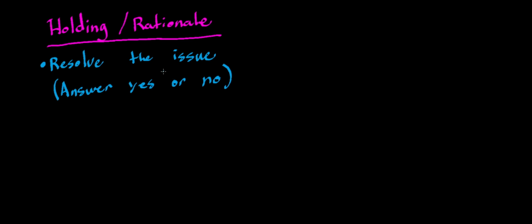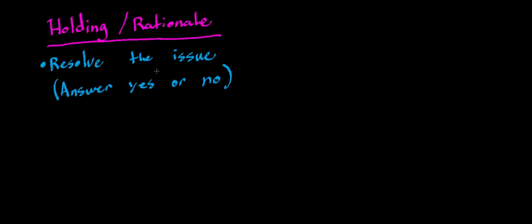And so obviously this doesn't work if you've used a traditional issue statement, because if you have something like whether a defendant who is too poor to hire an attorney is entitled to have one appointed for him, it's not really going to make any sense to answer that in a yes or no fashion.